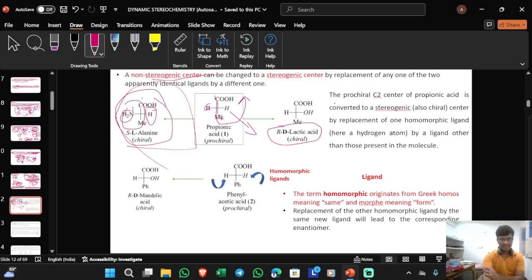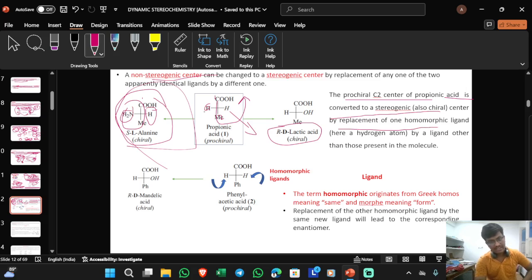If you understand, fine; if not, then first of all read now the co-kylase center. Phosphoric acid is converted to a stereogenic, also chiral, center by replacement of one homomorphic ligand.